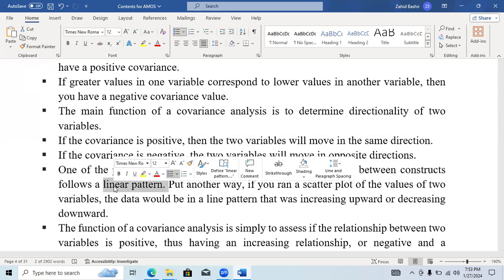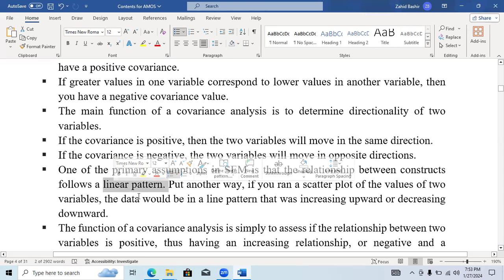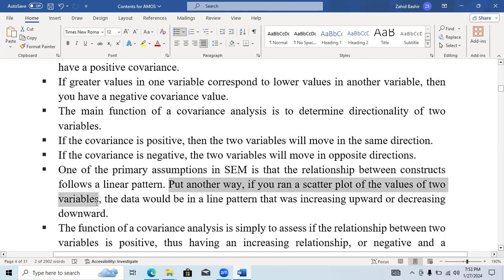It means that when there is a straight line which is depicted using two variables, or the relationship between two variables, there is a linear pattern or a straight line pattern, then an assumption of SEM is fulfilled here. To put it another way, if you ran a scatter plot of the values of the two variables or two constructs, the data would be in a line pattern that was increasing upward or decreasing downward.